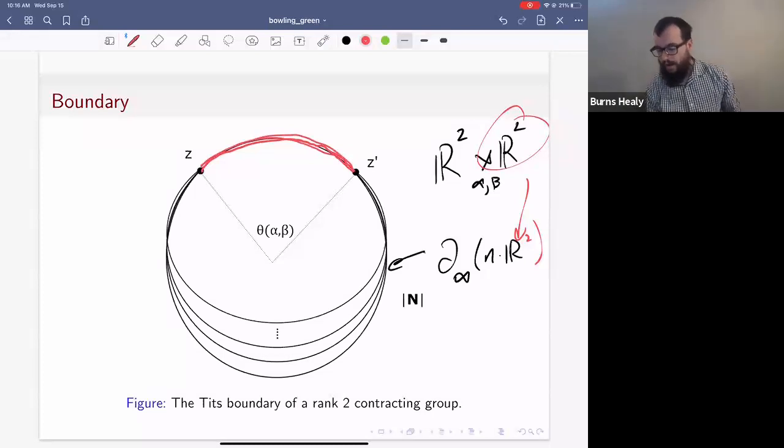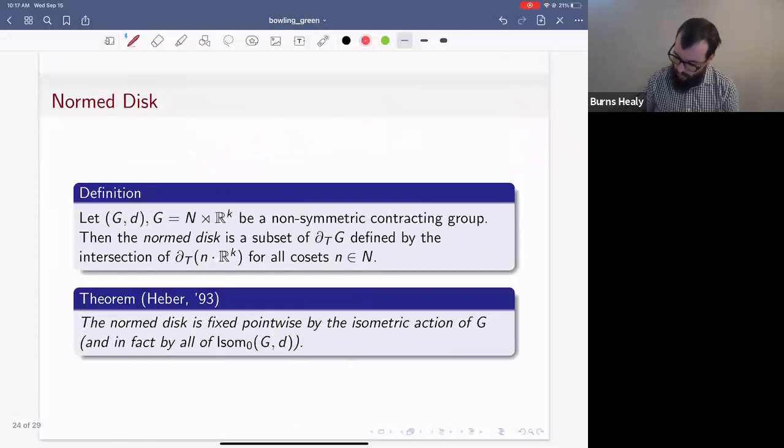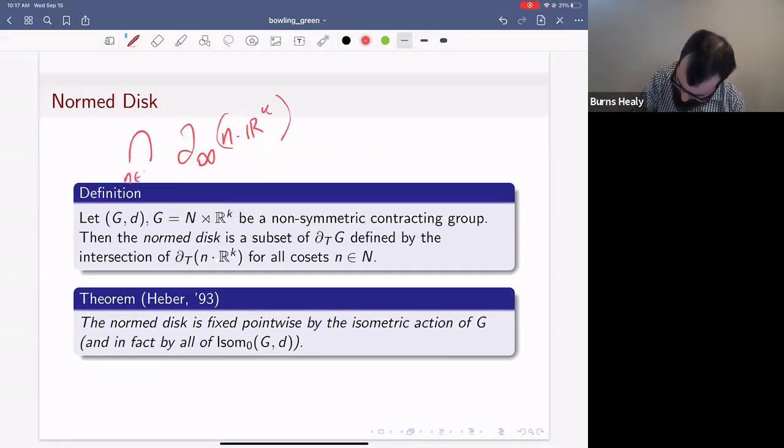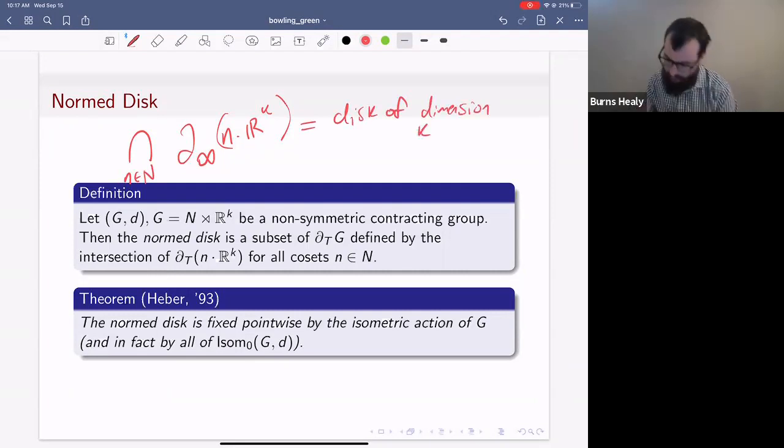Okay. And so you might ask what happens in higher dimensions. Do you get a higher dimensional disk? And the answer is yes. We're calling this thing the norm disk. Basically, if you look at the boundary at infinity, visual or Tits, I don't care, or cone or Tits, I don't care, if you look at the boundary of the cosets of these subgroups and intersect all of them, then you get a disk of dimension k minus 1.